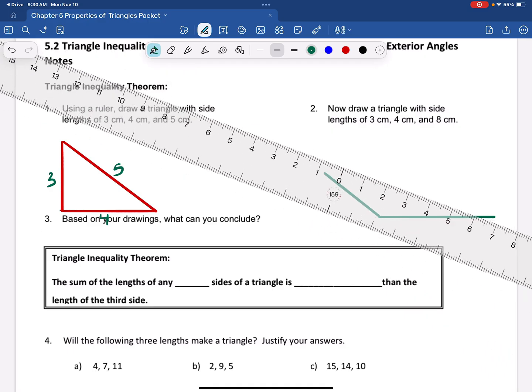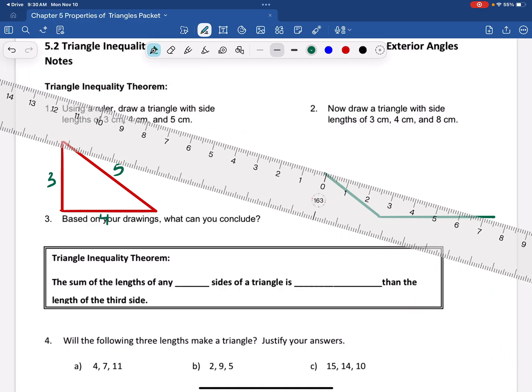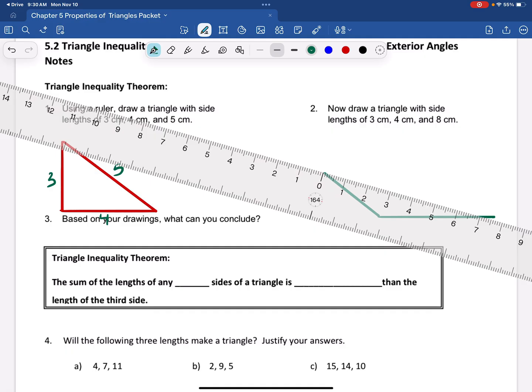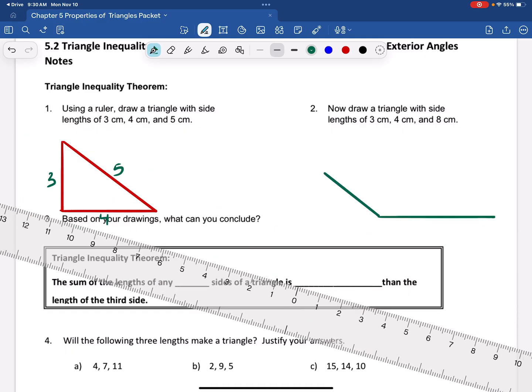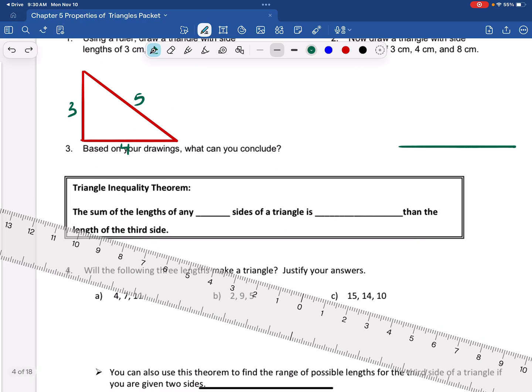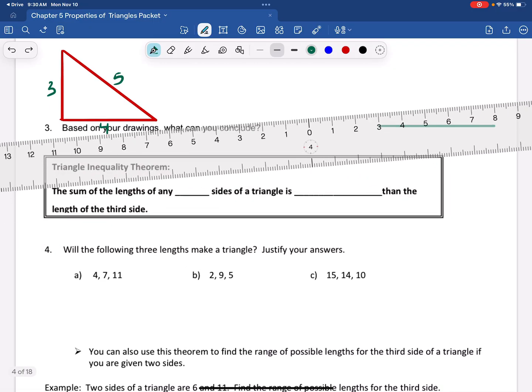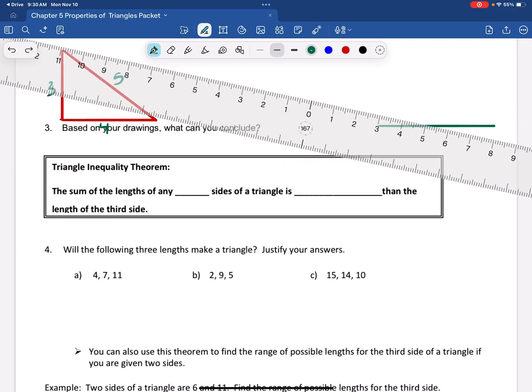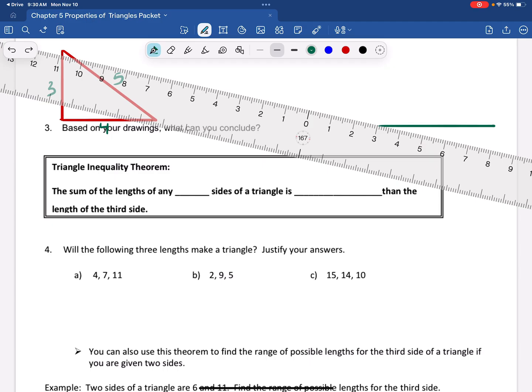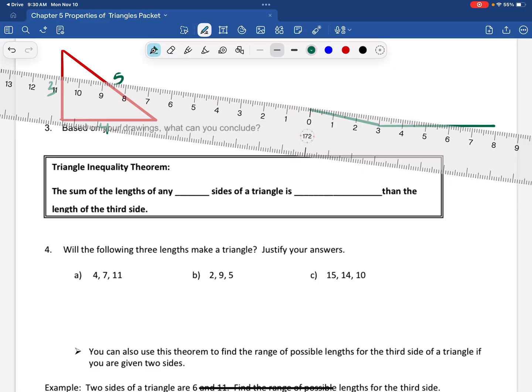Now the 8 should fit, right? Oh gosh, it still doesn't fit. So maybe I need to make this a little flatter. Let me try the 3 here. And now surely my 8 will fit, right?